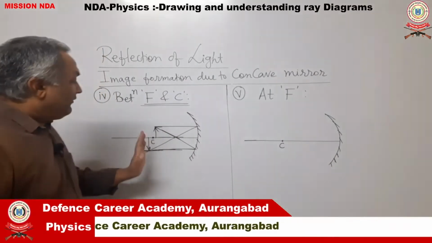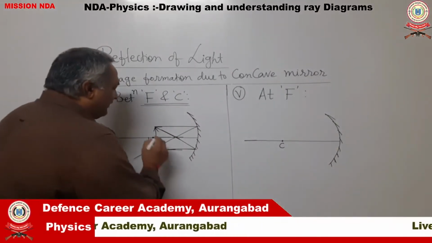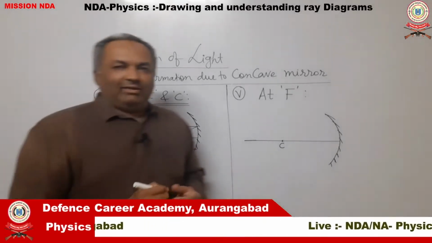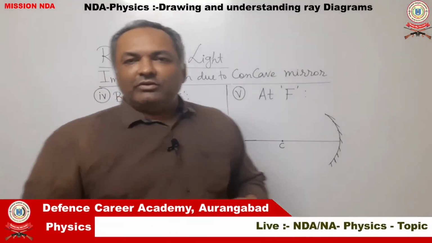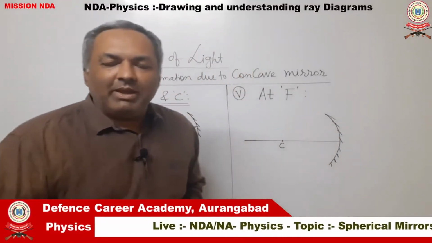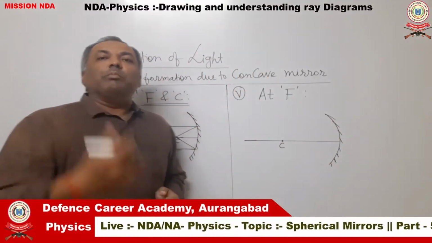Okay. If you draw the object closer to the focus, in that case, the image, of course, is going to be far away from the center of curvature and the size of the image is going to be much bigger.